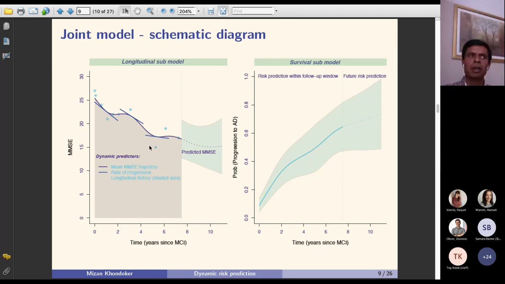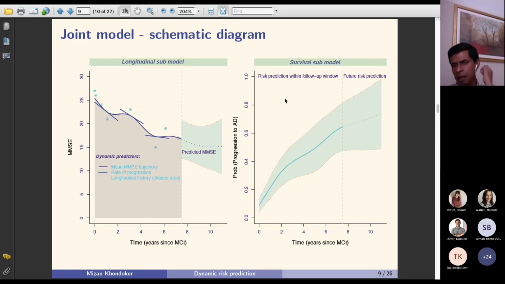If you fit a linear mixed model or any other random effects model, you can have a smooth version of the longitudinal process. And this smooth version is used for predicting the survival outcome. So this indicates the probability of having Alzheimer's disease.